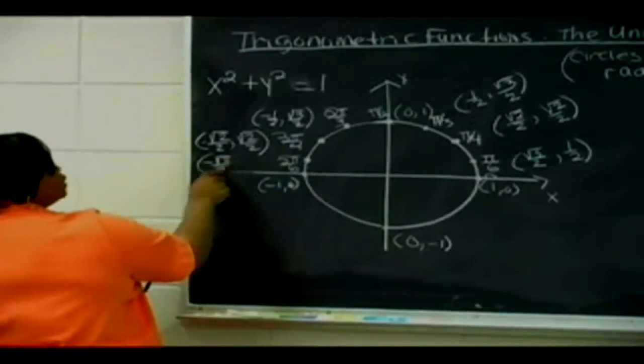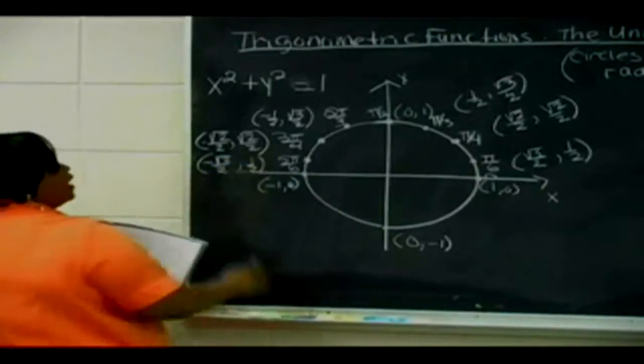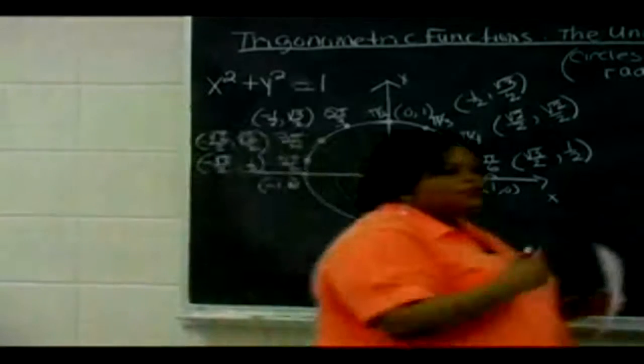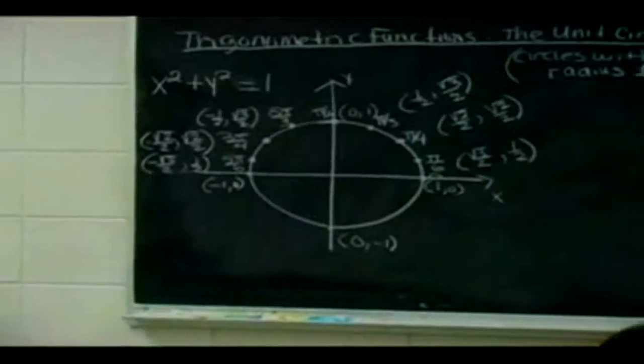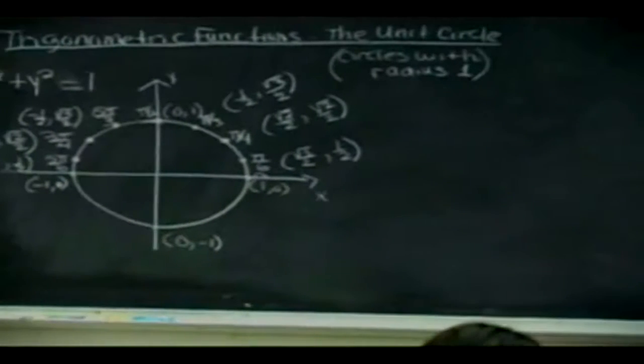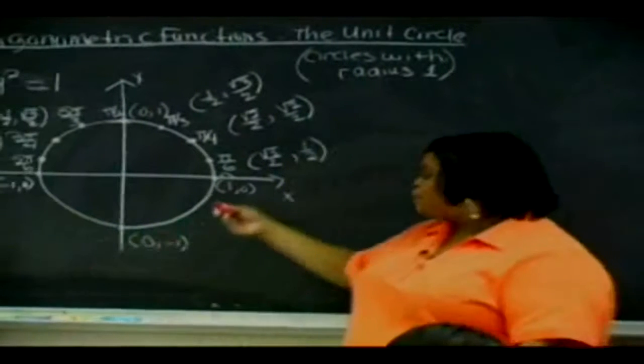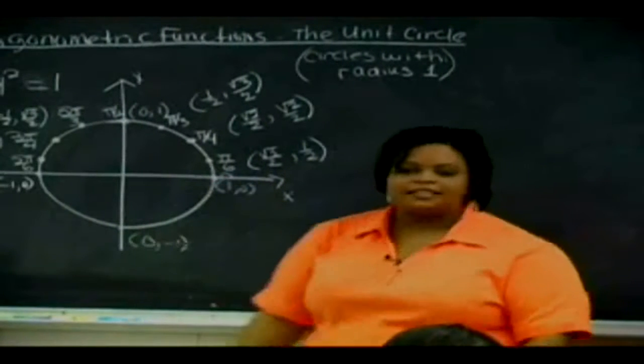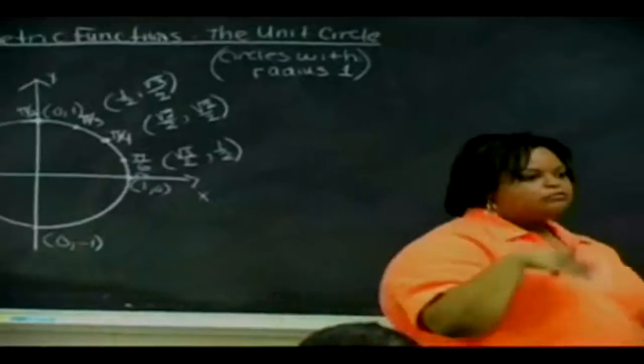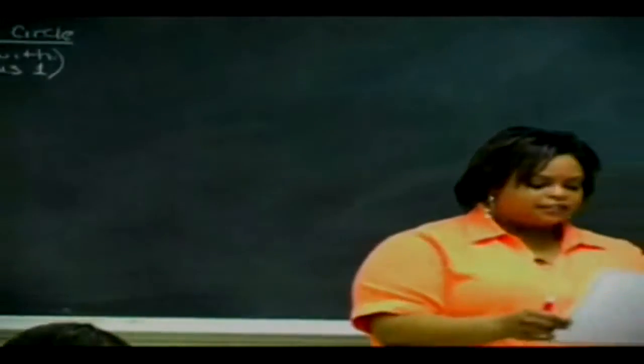Negative square root of 3 over 2, comma, 1/2. So really, if we know that first quadrant, we can get that full circle, can we not? Because what happens in quadrant 3? X and Y, they're both negative, right? Quadrant 4, X is positive, Y is negative. So if we can get one quadrant down, we can get most of these things down.